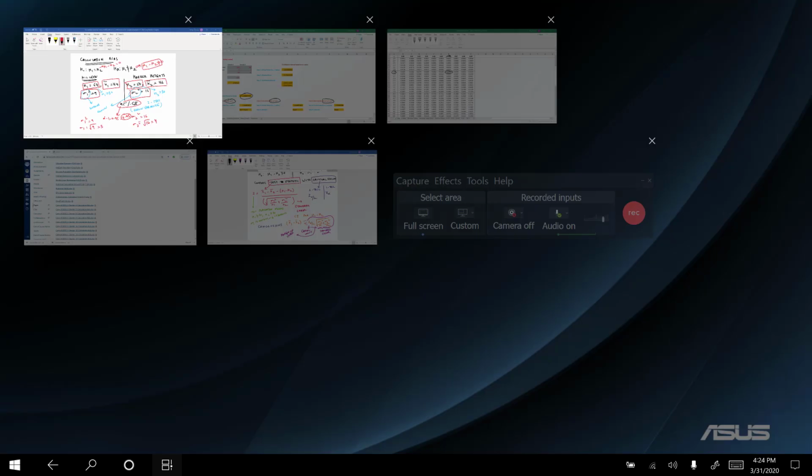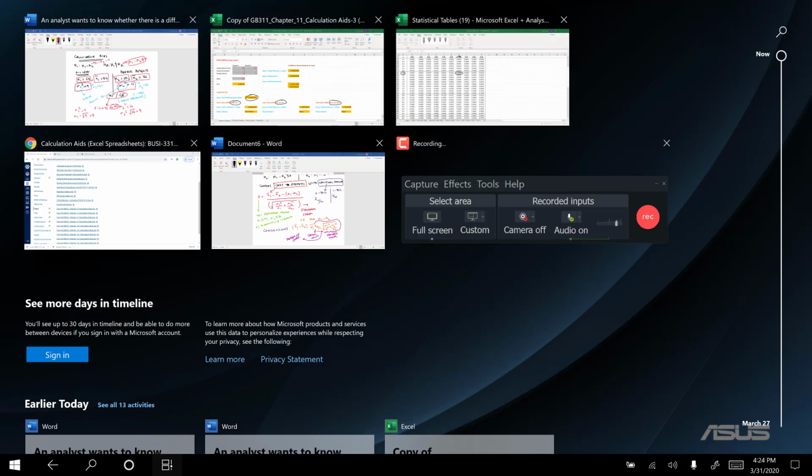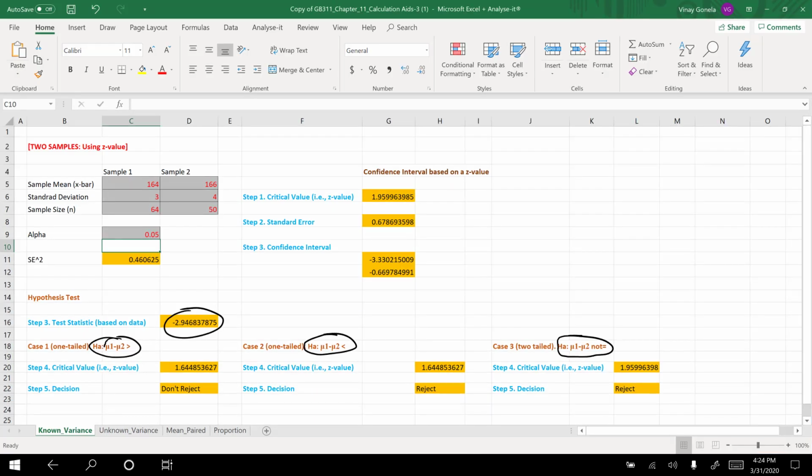So I'm going to use this criteria. The critical value is 1.959 and you reject the null hypothesis. So you are using case 3 because it's not equal to, it's a two-tail problem.